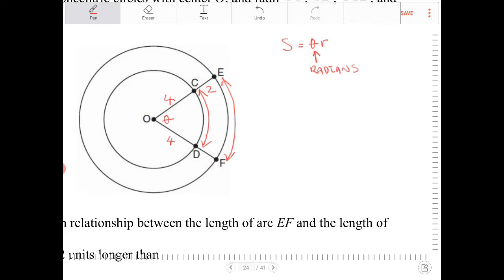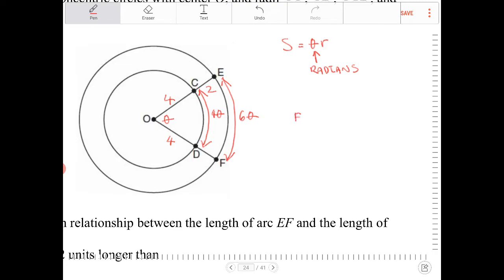So if you think about this, right, the length of EF will be what? Theta times 6, right? So this will be 6 theta. The length of CD will be 4 theta. So how many times greater is EF compared to CD?